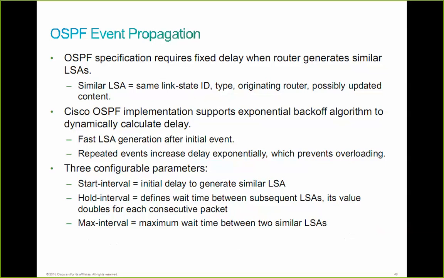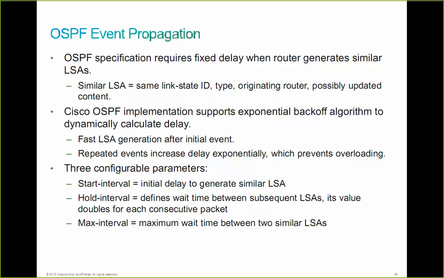We simply do our paranoid update every 30 minutes. So this would only occur if something within the LSA changed. The link ID is the same, the LSA type is the same, the origin router ID is the same, but the content is slightly different. I know that's a lot of information. Hopefully, you guys understand that concept.